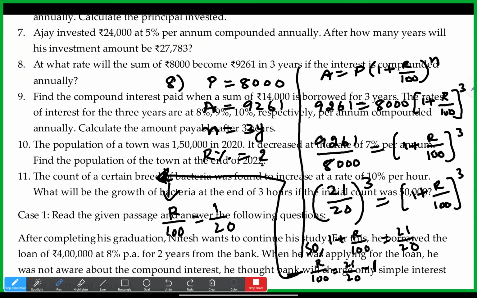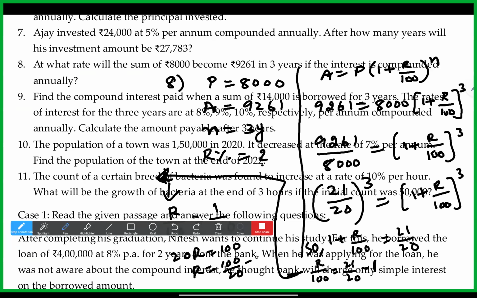So cross multiplication, you get 20 R is equal to 100. R is equal to 100 by 20. So it's 5.